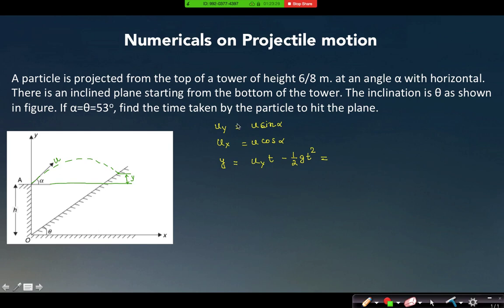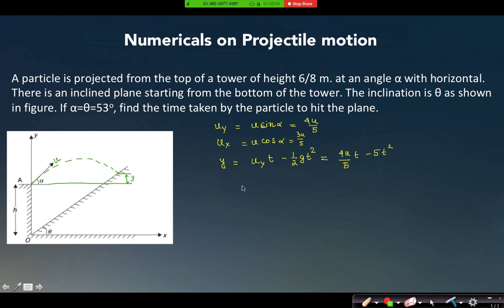Okay, now what is uy? Alpha is given as 53 degree, so uy is 4u by 5, and ux is equal to 3u by 5. So y is 4u by 5 into t minus 5t square.